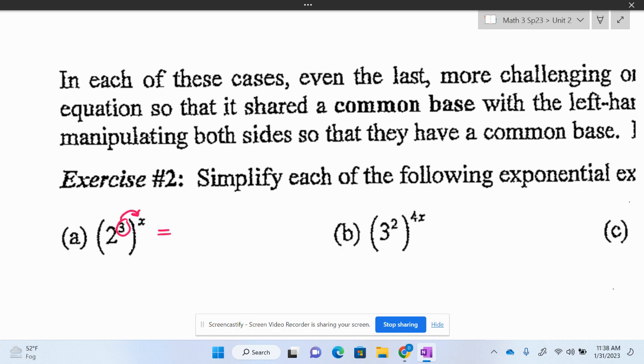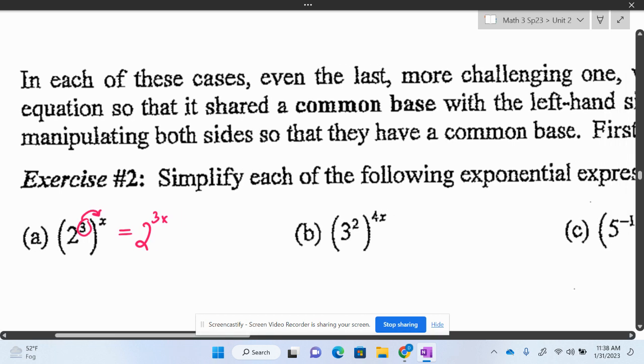So 2 cubed to the power of x becomes, anyone? What do I do with the two exponents? Yeah, it would be 2 to the power of 3x. Thank you very much.